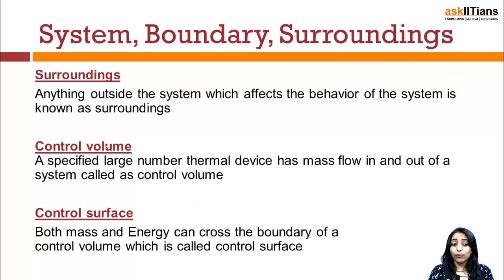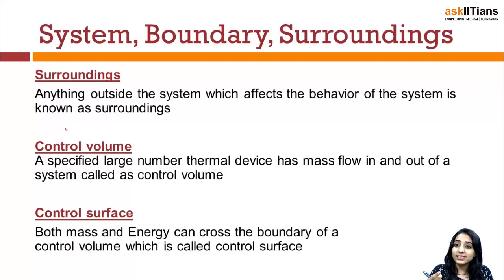Moving ahead, let us come over to what we mean by surroundings. I said anything outside the system, but this thing which is outside the system is genuinely going to affect the behavior of the system. This is what is known as surrounding. For example, if I'm taking a cup of coffee and holding it in one of my hands, this thing is a boundary, and this thing is the surrounding, and the cup was the system.